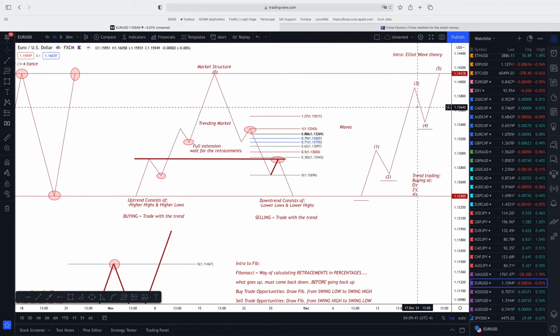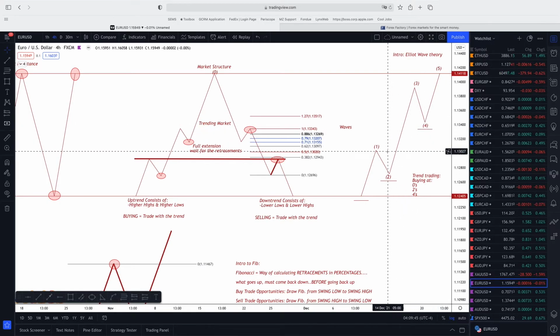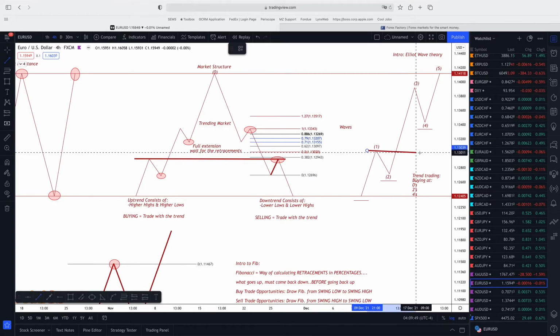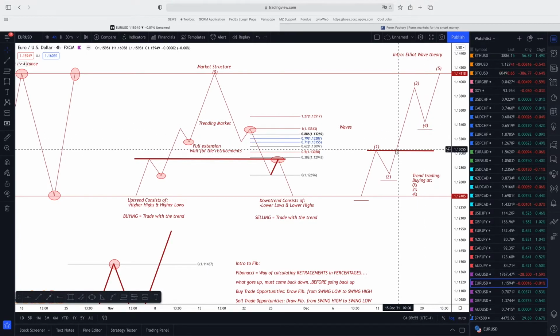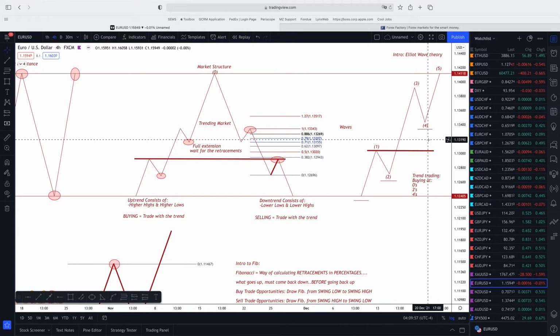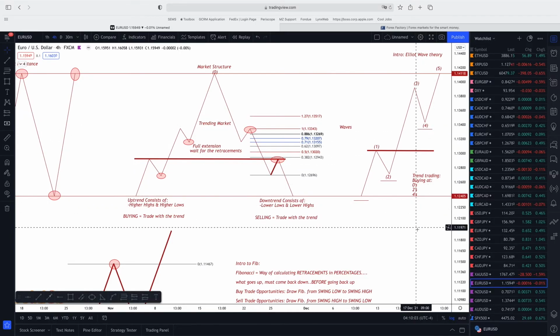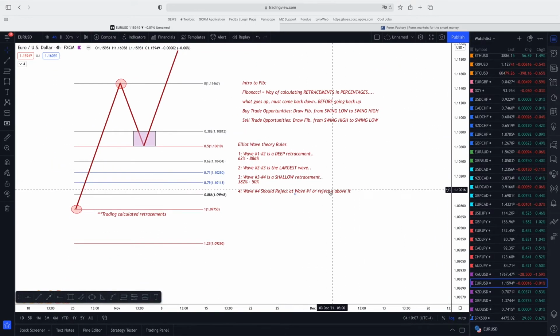When this wave 4 comes down, worst case scenario, it should reject here and use this as an area of support. So this is the lowest that it should be going, at wave number 1, or more than likely, it should definitely reject above it and keep making that extension up because it is a shallow retracement.